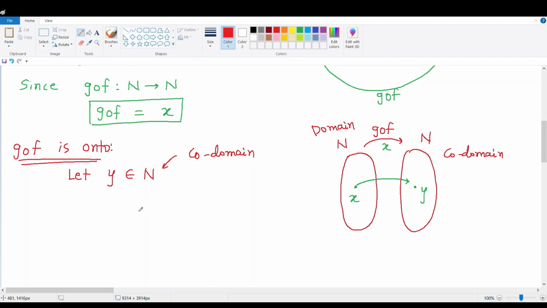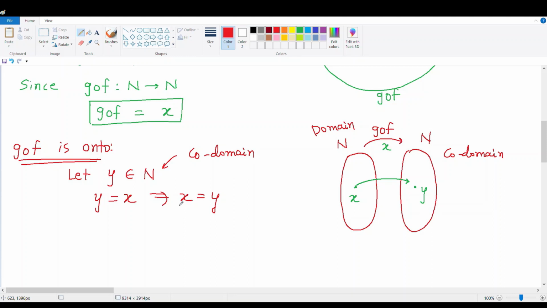So we know that this y must be equal to x because that's what our function definition is, or x is equal to y because that is exactly the same thing. Y equals x, that means x equals y. And do you really think that this is going to belong to natural numbers? Of course, your y is itself a natural number, right?